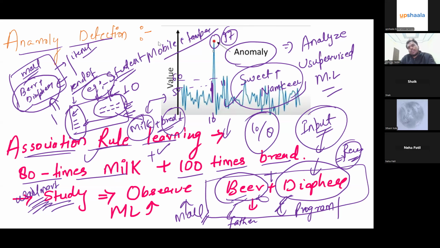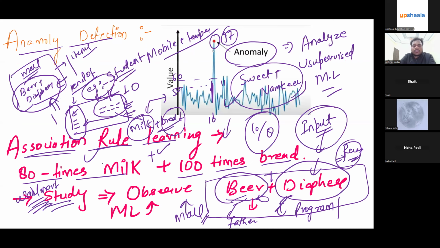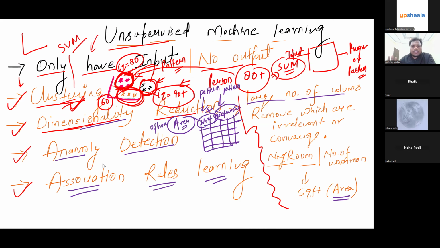Maybe they can detect it. What happens when you experiment with something is that you don't have any output. You have only input. So for the initial stage, everyone basically starts with unsupervised machine learning itself.